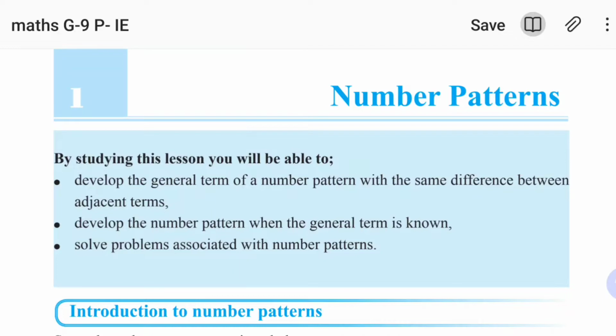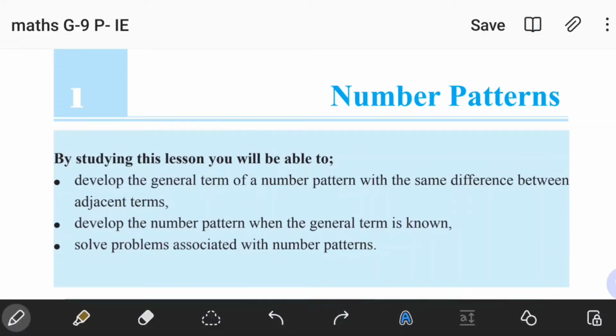By studying this lesson, you'll be able to develop the general term of a number pattern with the same difference between adjacent terms. Particularly, we'll be learning about what this adjacent term means. We'll also have the ability to develop the number pattern when the general term is given.